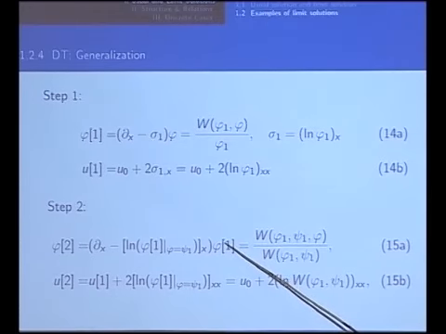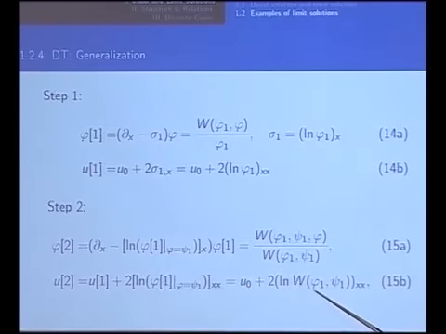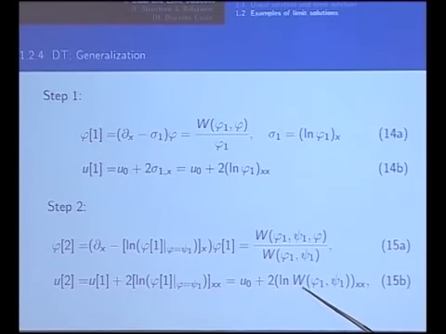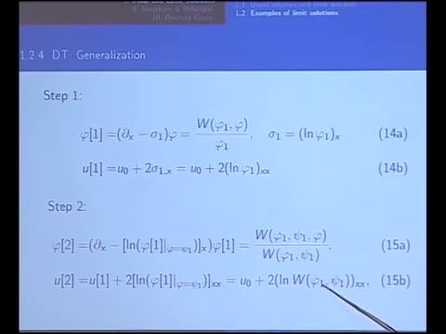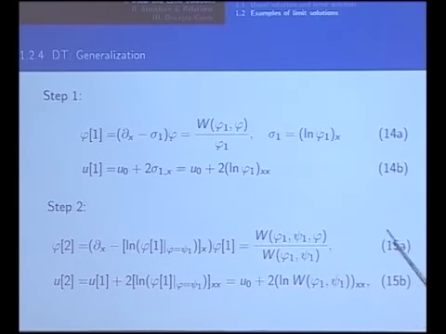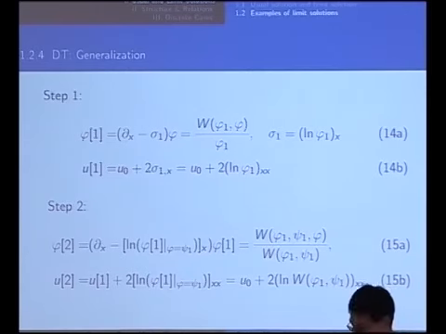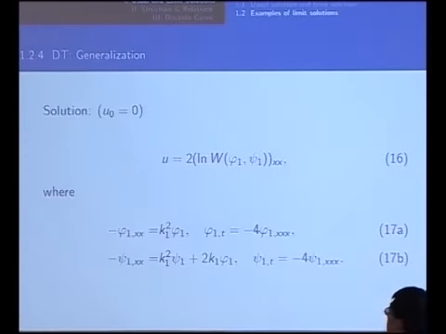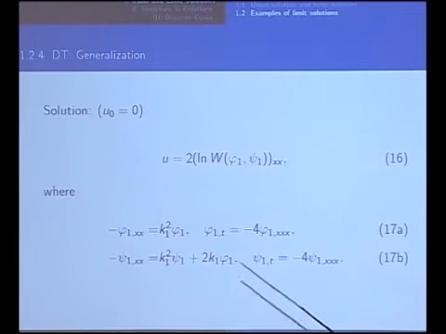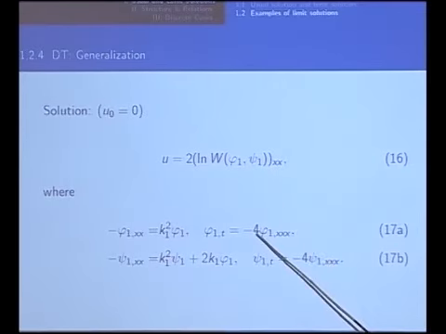The first step to get the generalized solution is the same as the normal Darboux transformation. But in the second step, we introduce psi here and here, and we get a solution expressed in terms of a Wronski with entries phi and psi.